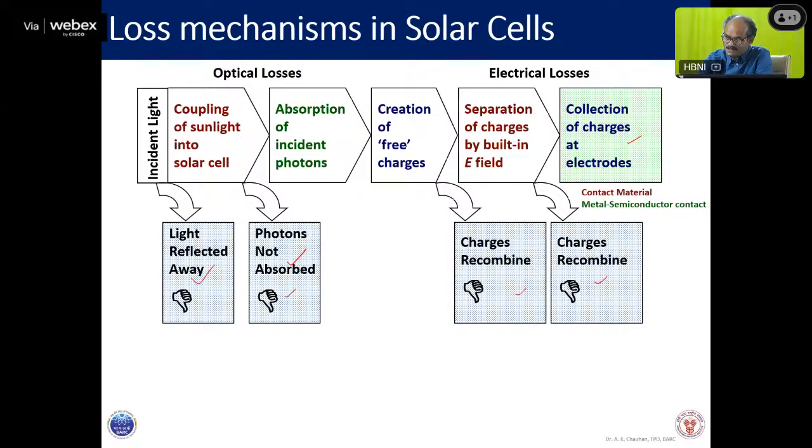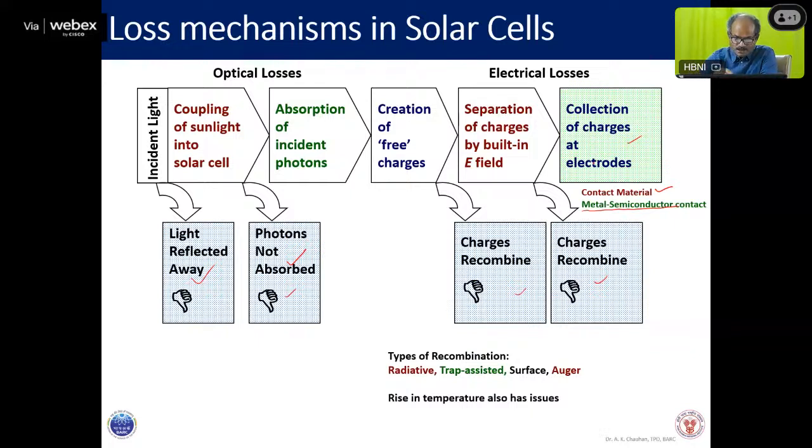When the charge is collected at the electrodes, contact materials are very important, and we have to take care of the metal semiconductor contact that we learned yesterday, and today also we have touched upon. These things are very important. This concept you should always keep in mind.